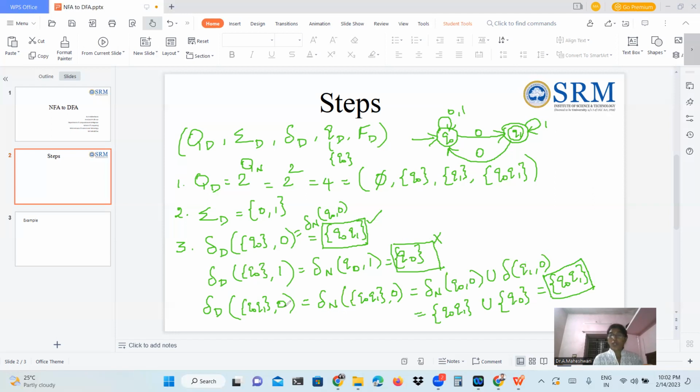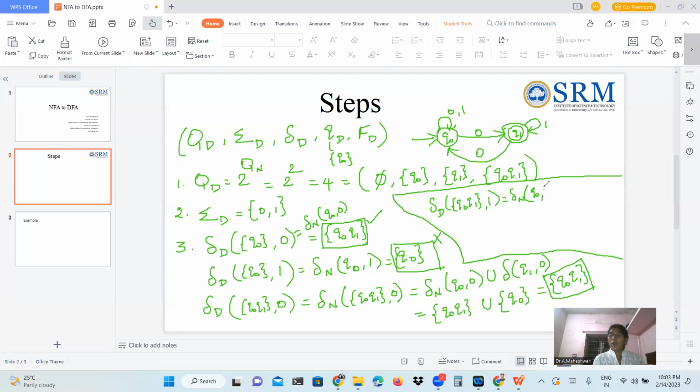One more symbol also you have to apply. So transition DFA of Q0, Q1, comma 1. That is equal to the same thing, right? You have to get the value from NFA.